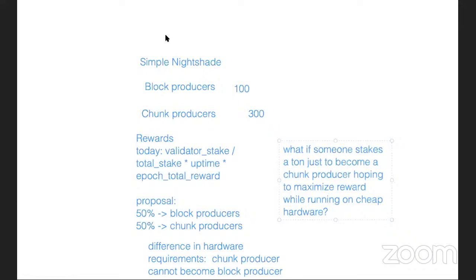Exactly, because it is measured as chunks included in blocks. So if they censor, I think it hurts slightly, but overall your expected number of chunks also doesn't increase, right?